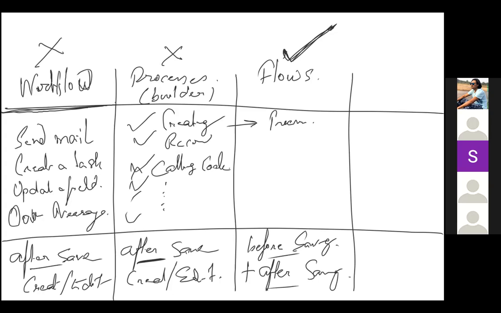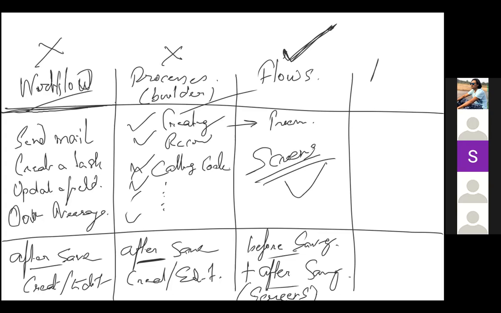And it also gives you the ability to show some screens. If you need some screens, you can do that. With UI, flows give you screens. Workflow does not have screens, process builder does not have screens. Screens are only available in flows.